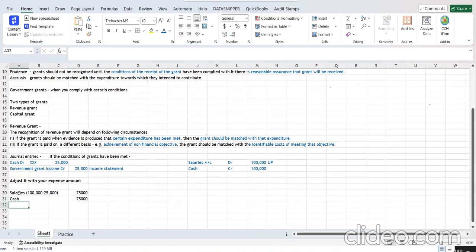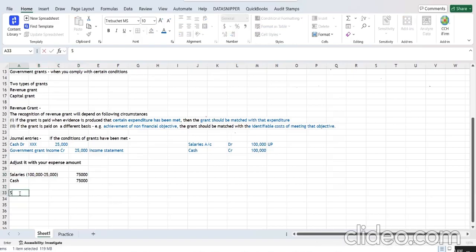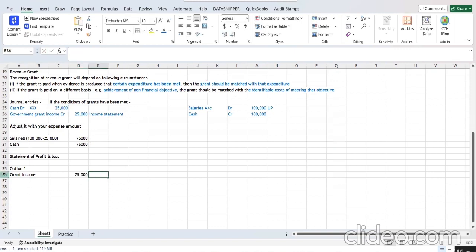So in the statement of profit and loss, option one is grant income of 25,000 under your revenues, and then under your expenses, you'll have salaries of 100,000. So this is your option one.